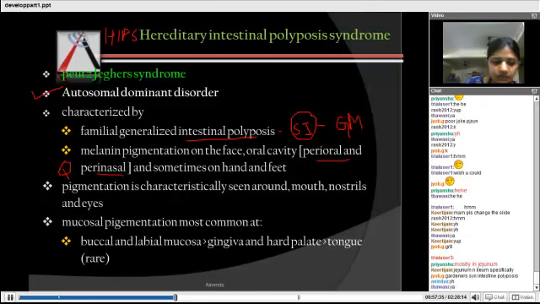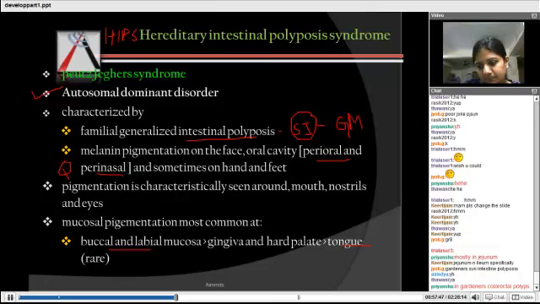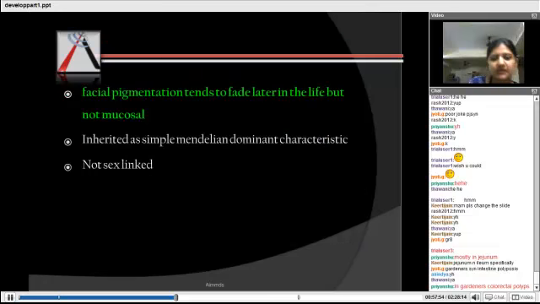Pigmentation, I've already told you that. The places in the oral cavity where mucosal pigmentation is common are first the buccal and labial mucosa, gingiva and hard palate, and least pigmentation is seen in the tongue. Another important point, again an MCQ: in Peutz-Jeghers syndrome, you have pigmentation on the face, which makes it extraoral, and you also have pigmentation intraorally.